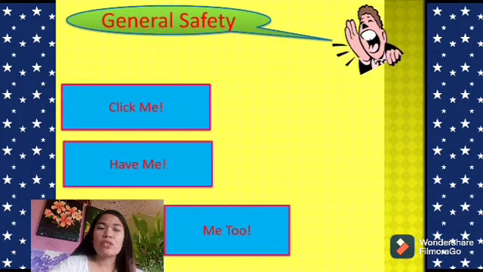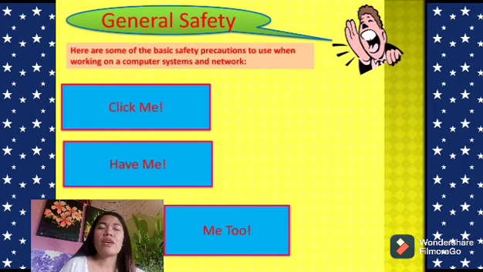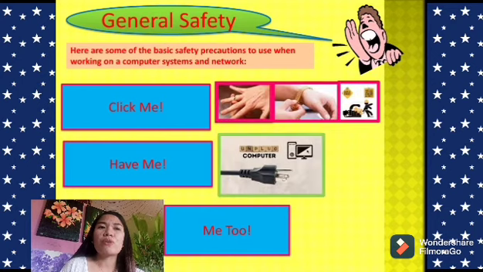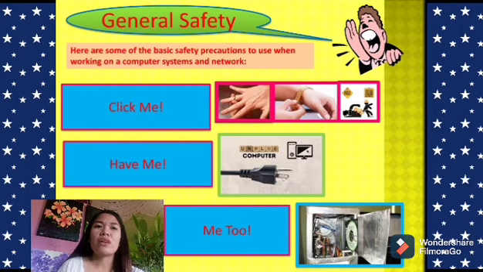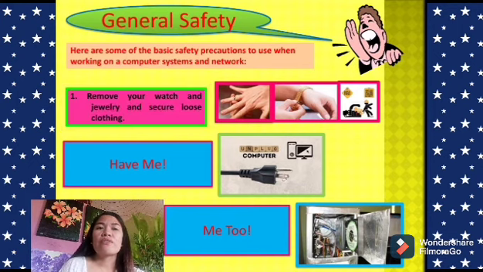Okay, so we'll proceed to the general safety. Here are some of the basic safety precautions to use when working on a computer systems and network. Okay, first is remove your watch and jewelry and secure loose clothing because there are pieces inside the computer that can harm us.